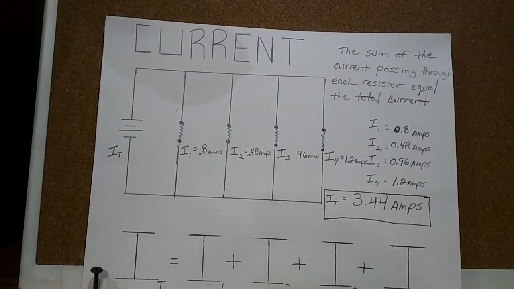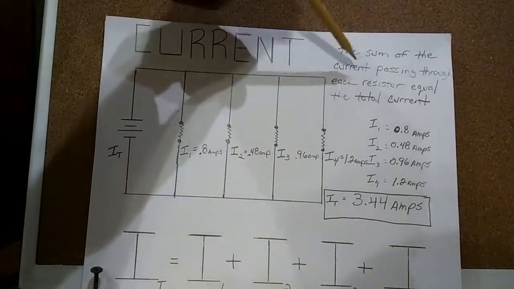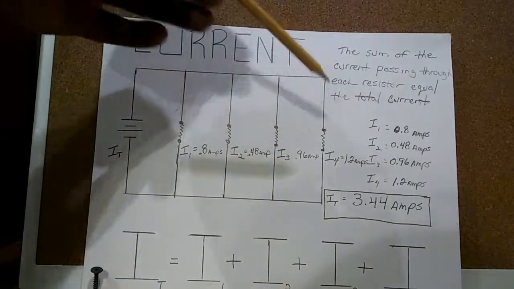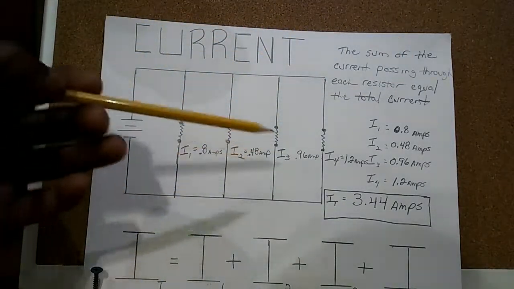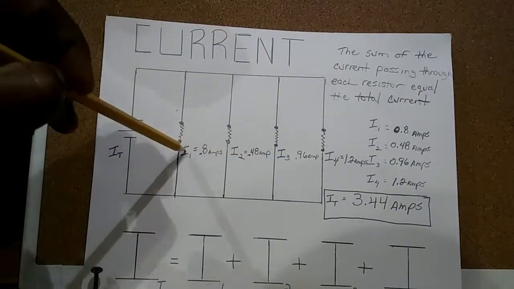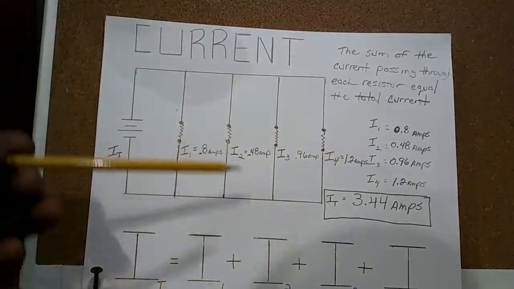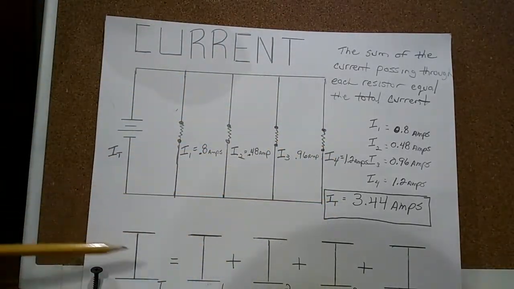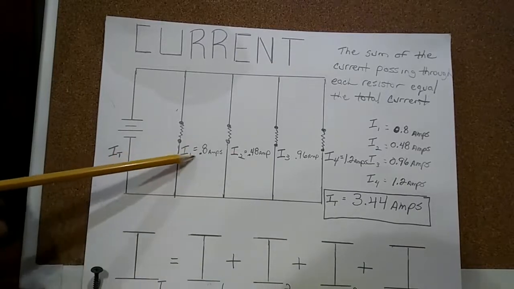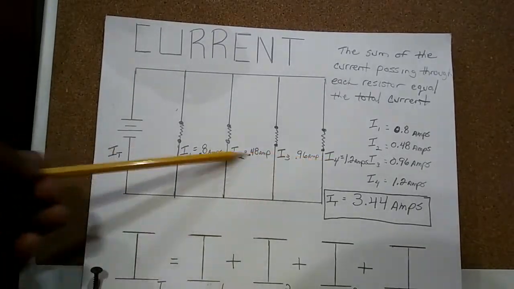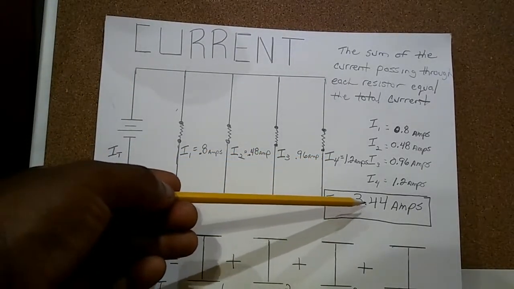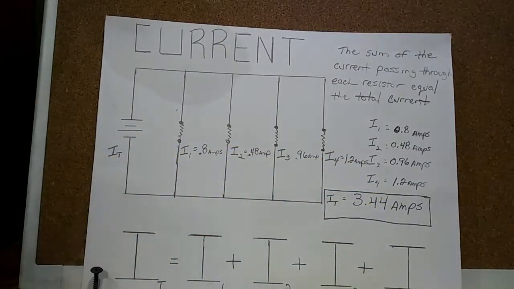The sum of the current passing through each resistor equals the total current. So the current going through 1, 2, 3, and 4 equals the total current. The total current of all the current passing through each path is 3.44 amps.